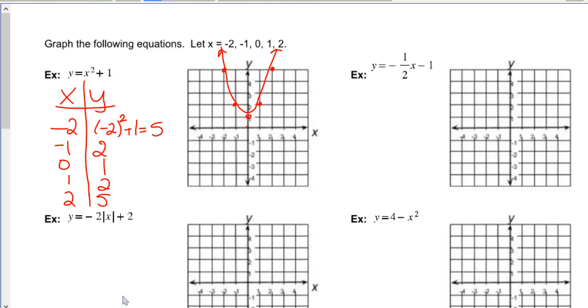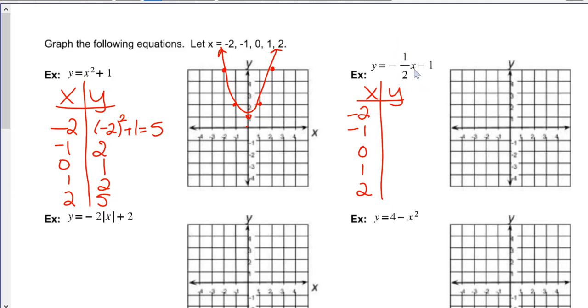Okay, so we're going to do that for each one of these, just to kind of get an idea of what some of these common graphs look like. All right, X and Y. We are then going to plug in -2, -1, 0, 1, and 2. This is where your scientific calculator may be helpful for you. If I plug in -2 times -1/2, well, negative times negative is a positive.